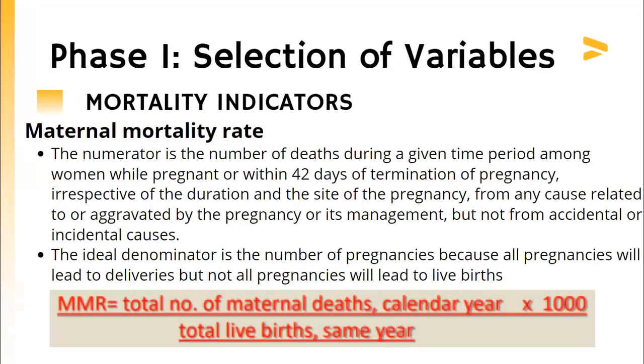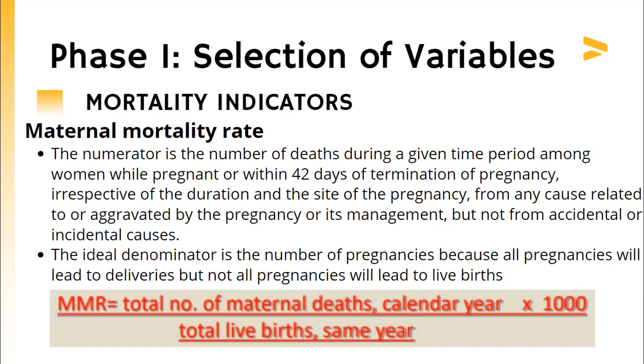The numerator is the total number of deaths during that specific period, or within 42 days of termination of the pregnancy, whereas the denominator is the number of pregnancies occurring in that same year leading to live birth.